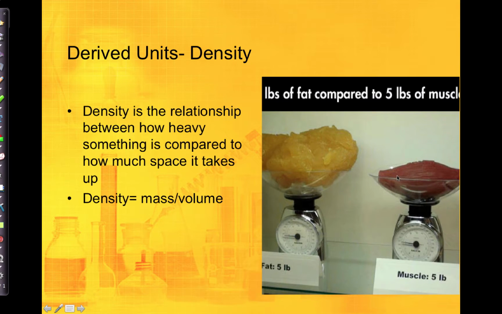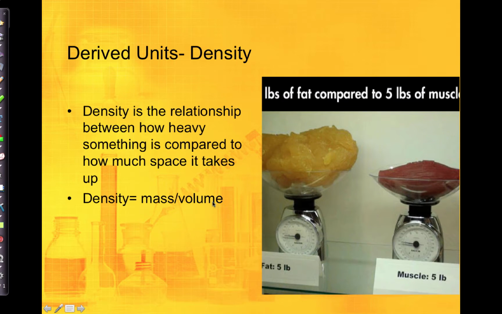That's because it is heavier versus the amount of space it takes up. So if I were to look at 5 pounds of fat versus 5 pounds of muscle, well, 5 pounds of muscle takes up a lot less space versus 5 pounds of fat. Okay? So if you're looking at the density, muscle is much more dense. So if somebody's got more muscle versus more fat, they're going to look leaner, and you're going to be able to tell that difference.